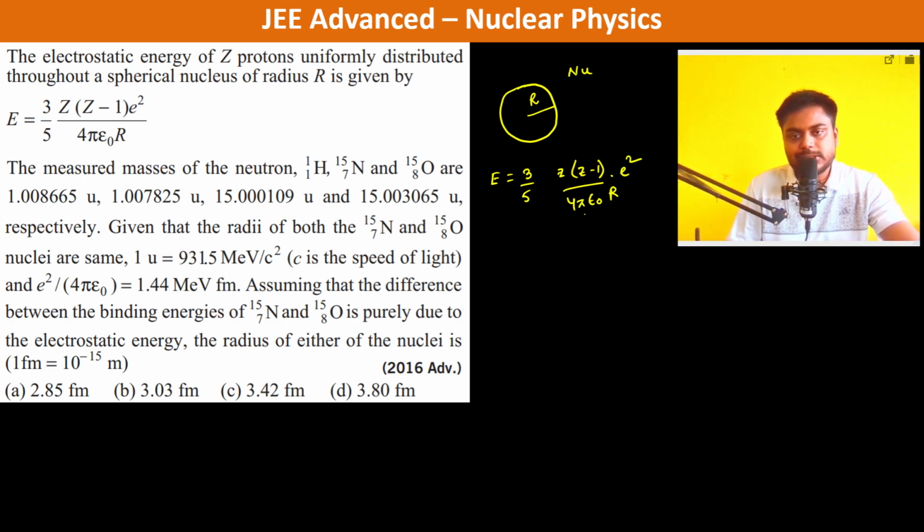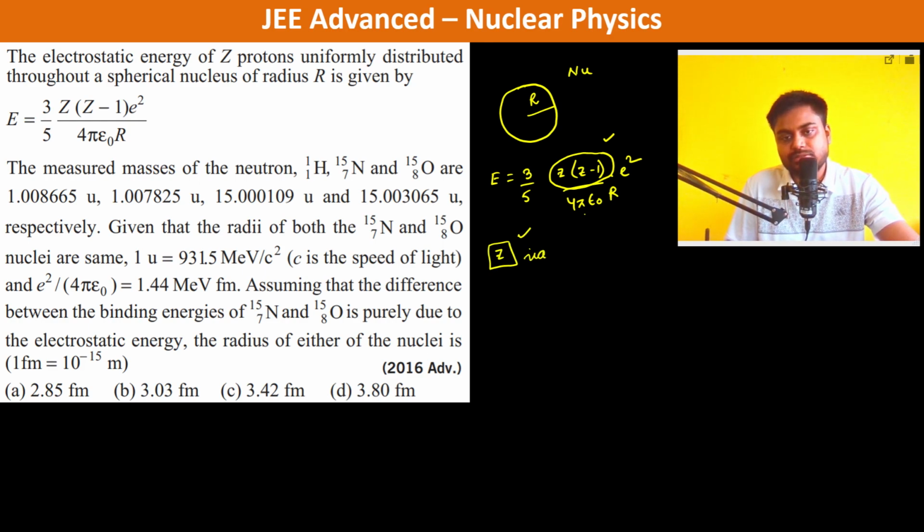Now we can clearly see that here we have Z and Z minus 1. For different atoms, for different elements, Z is going to be different. Z varies, so therefore the electrostatic energy also varies for different elements.